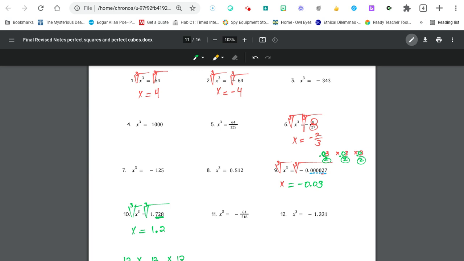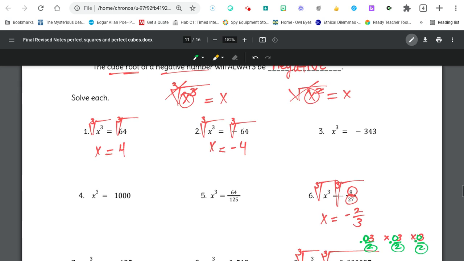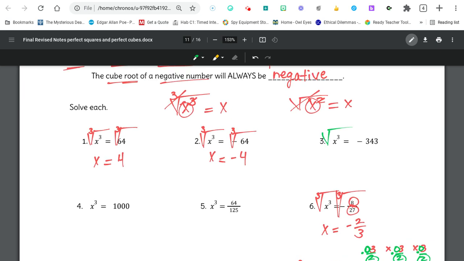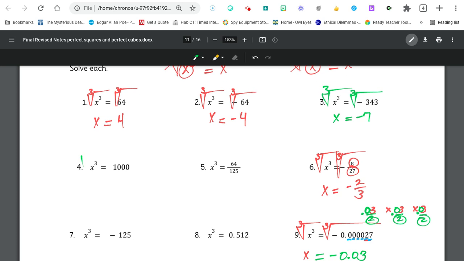All right, this is what you should have. So I'm going to go to number 3 and work number 3. The cube root of x cubed is x, and the cube root of negative 343 is negative 7. The cube root of x cubed is x, and the cube root of 1,000 is 10.